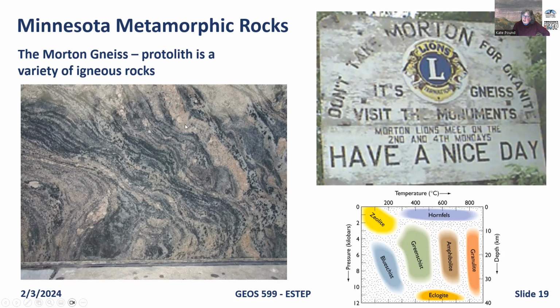Now, most gneisses are made from a variety of igneous rocks. And because the quartz-rich igneous rocks melt at lower temperatures, they will often start to melt and you'll get zones of migmatite in a gneiss.